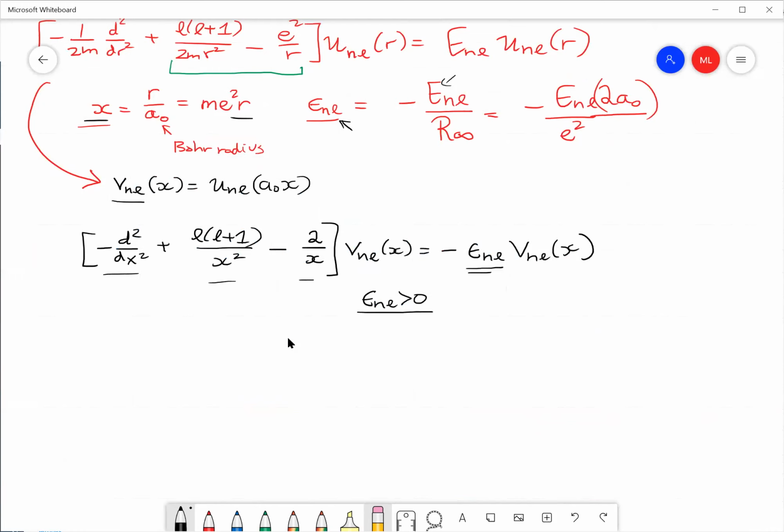And so you're left with this guy balancing this guy. And that's a differential equation. So what kind of solutions does it have? If you just throw out these terms, what's going to be a solution for V in that case?